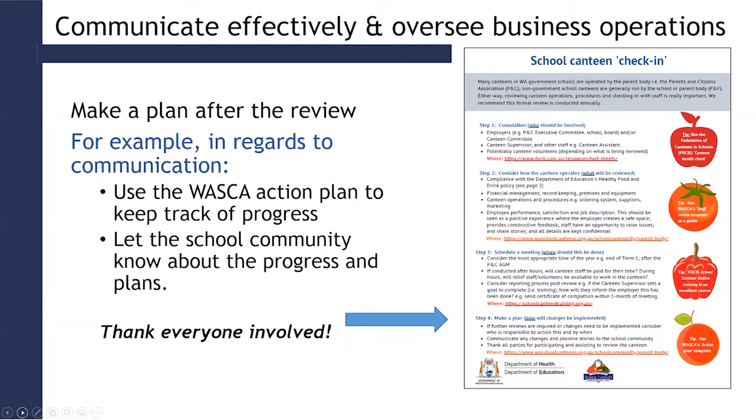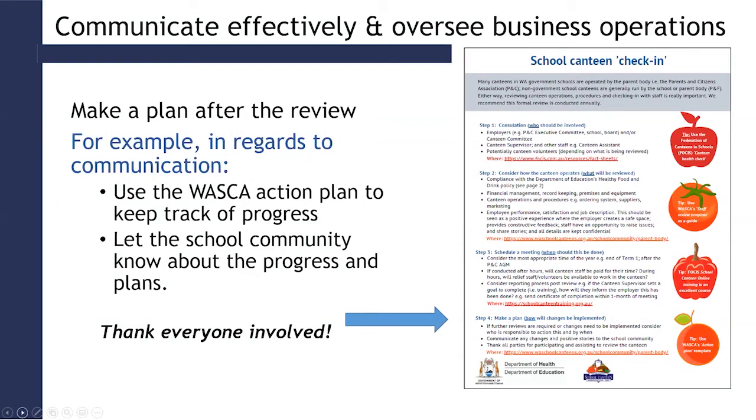So for example, in our scenario, you have the canteen subcommittee and you have the canteen supervisor making a plan about how you're going to communicate with the rest of the school community. Once you've done the plan, you can then take this back to the P&C and present the plan to them so that they are aware of what you are doing.